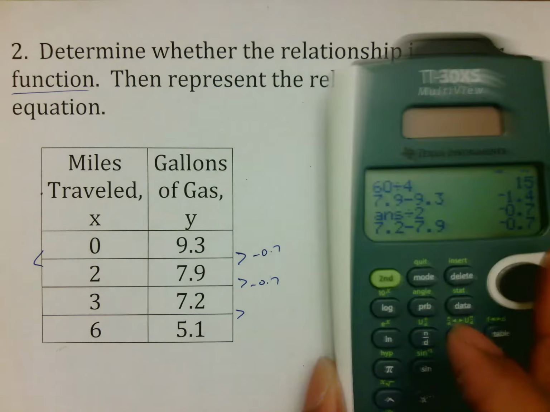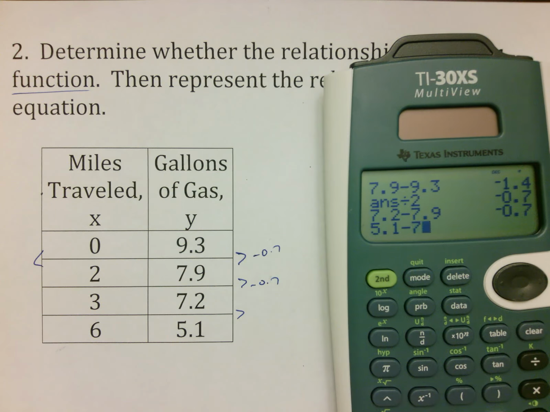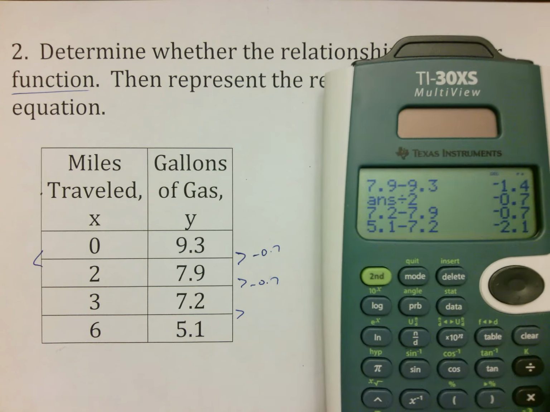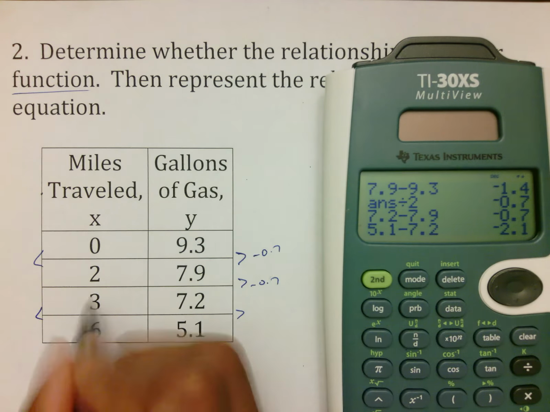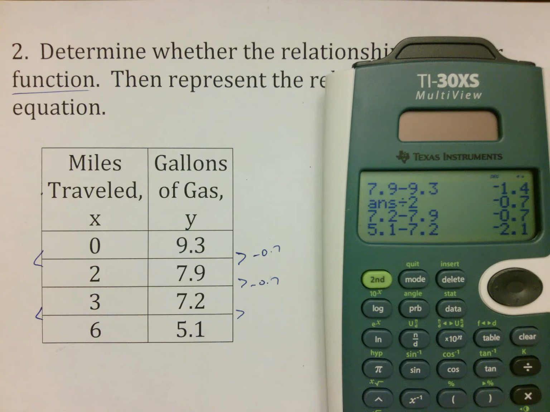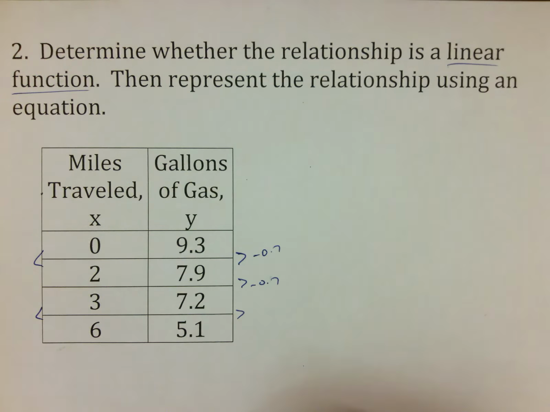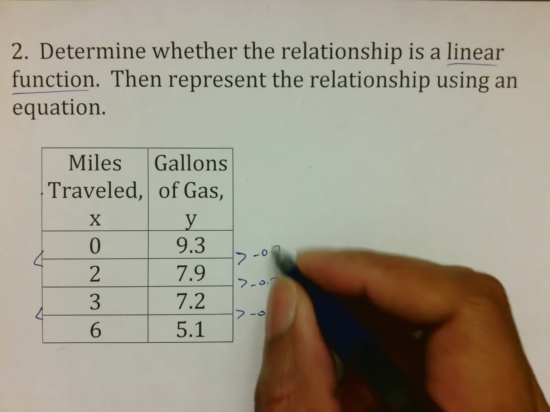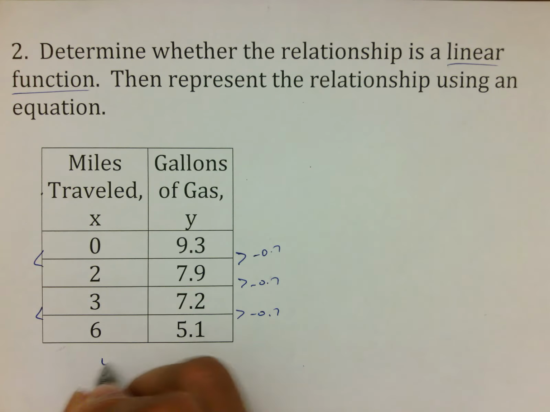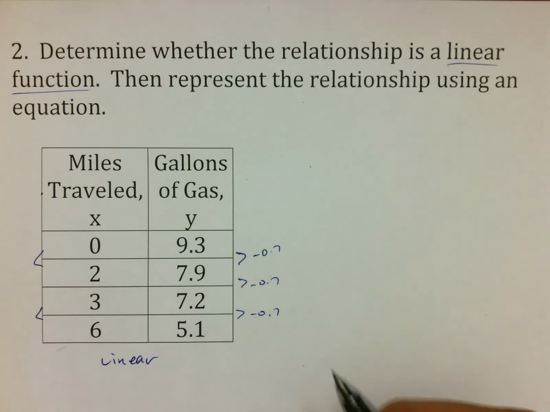And then we do 5.1 minus 7.2, which is negative 2.1, but notice that this is moving by 3, and so you divide by 3. That again is the part that a lot of you are missing out on, which makes this negative 0.7. The fact that all 3 of these are the same, we know that it's linear.